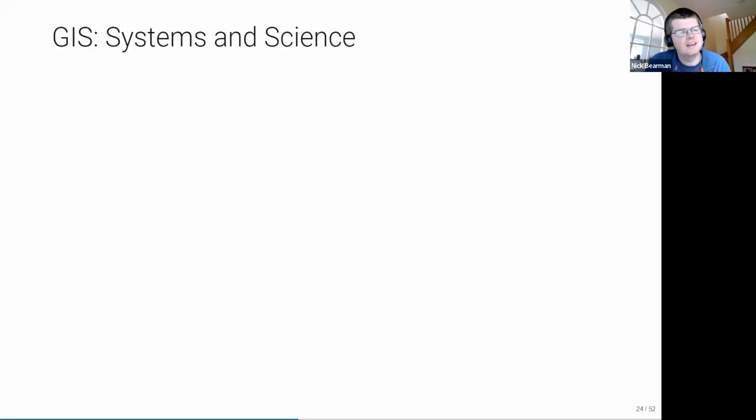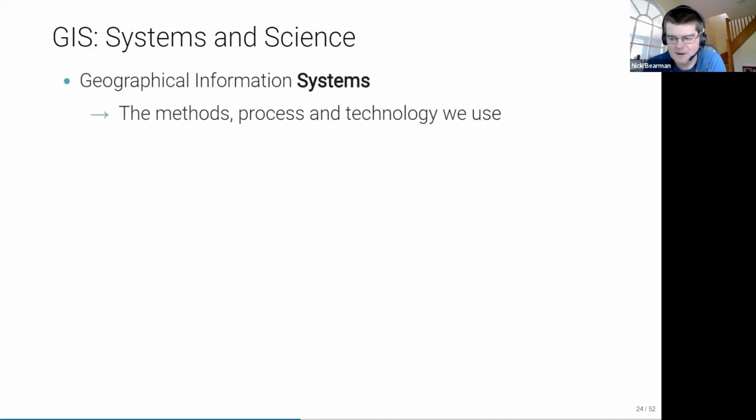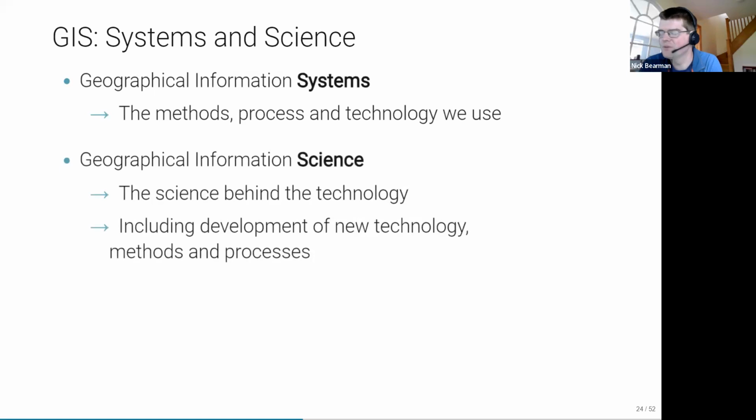It's worth mentioning that GIS stands for Geographical Information Systems, which is what I've said already, but it also stands for Geographical Information Science. So sometimes these 2 terms are used interchangeably, but they have slightly different meanings. GIS systems is the existing stuff that we use, the software, the technology, and so on.